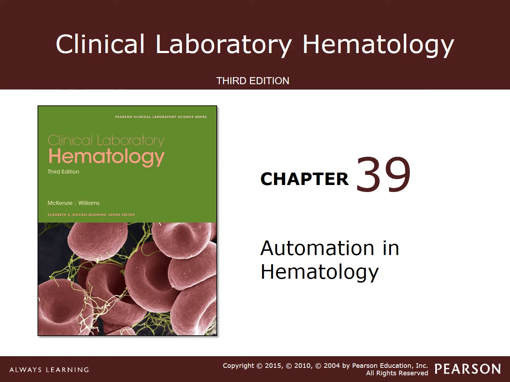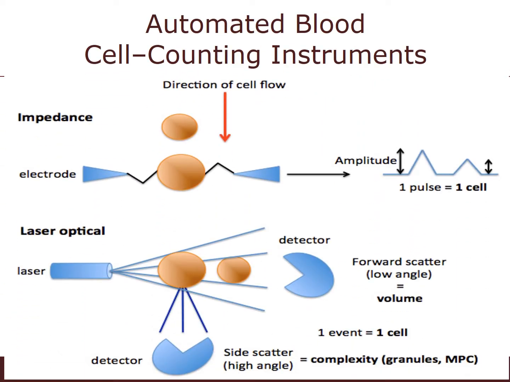Now there are a number of principles for cell counting, and we're going to discuss them in the next slides. I'm going to discuss two of the major principles in hematology instruments, which are impedance and optical light scattering, or laser optical. So first, the impedance principle of blood counting is based on the increased resistance that occurs when a blood cell with poor conductivity passes through an electrical field.